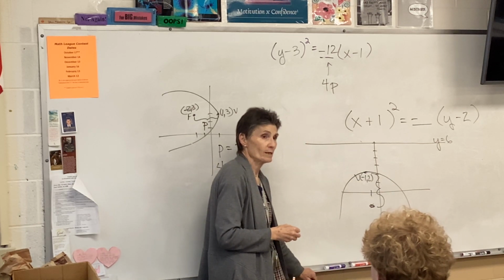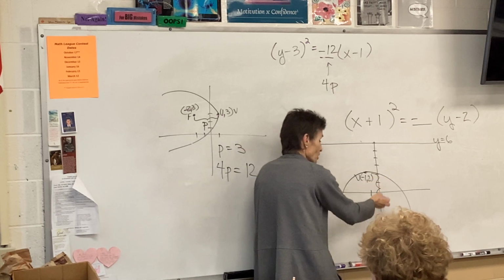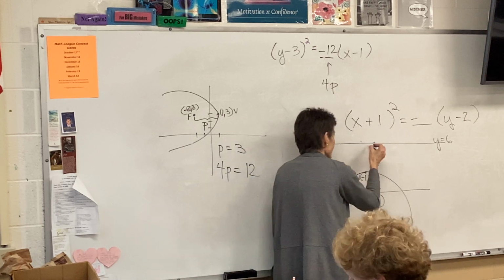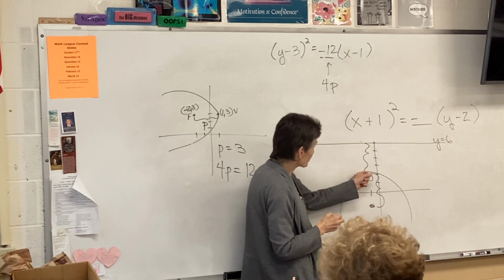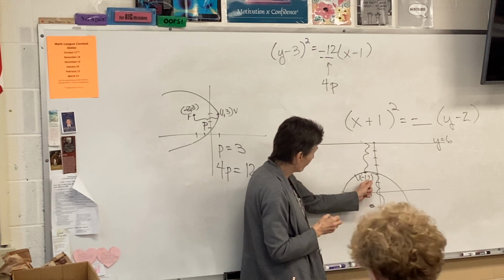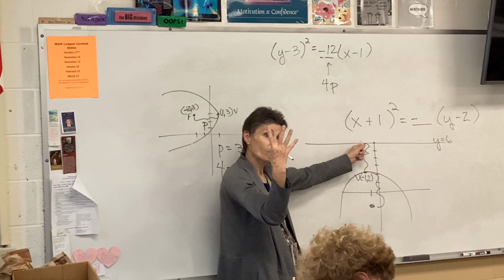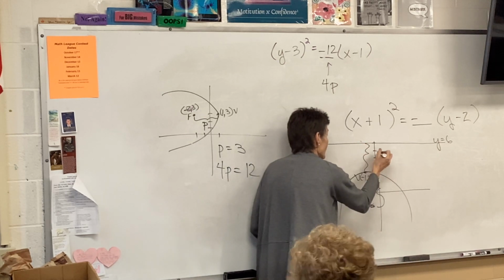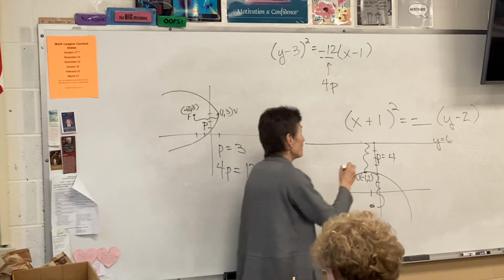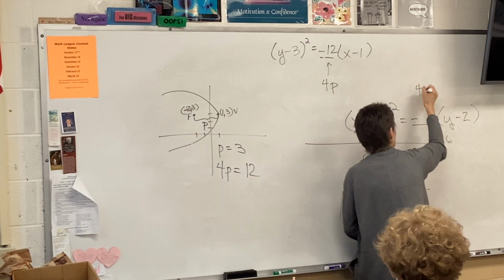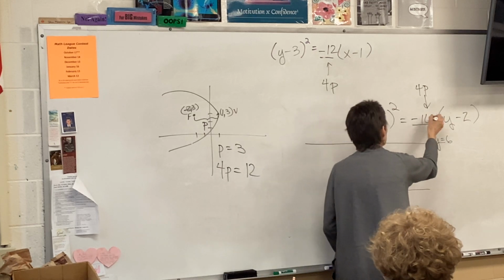Shoot, I don't know the focus. But don't I know that however much I come down is the same as I go up? So how much did I go up? I went from this point up to where y is 6. So I went up 4. So p is 4. This number is 4p. So that'll be a negative 16.